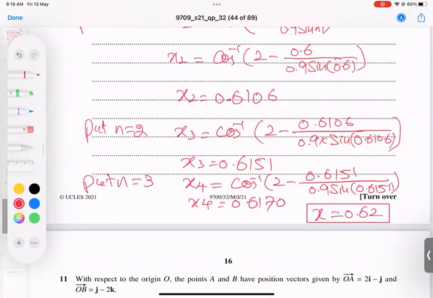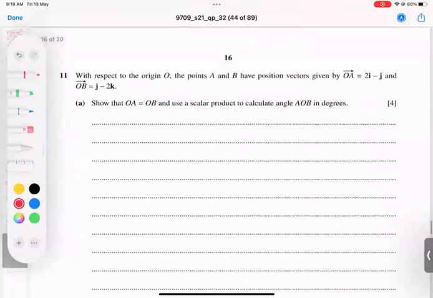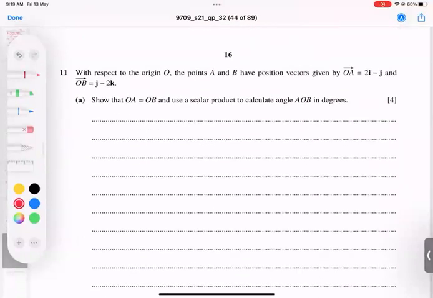Let's talk about question number 11. Bismillah ar-Rahman ar-Rahim. With respect to origin, the position vectors of A and B, OA and OB, are given here. Show that OB and OA are equal to each other. It actually means distance or length. So the magnitude of OA: 2 squared plus -1 squared, and I'm getting √5.